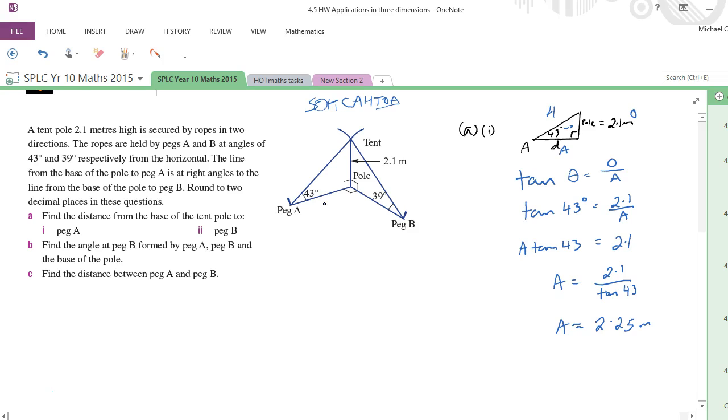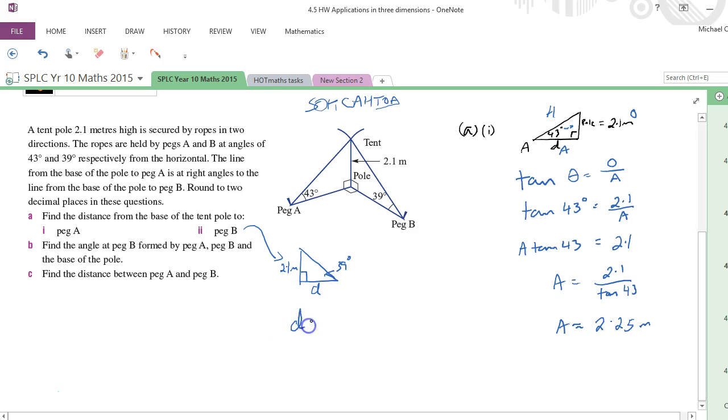You can do the same thing for peg B to find the distance along the ground. Actually, we're going to need to do it anyway for part B, so I guess I'm going to do it with you. So here's peg B. Let's draw the triangle first. This time the angle is 39 degrees, 2.1 meters, and there, and I'm trying to find the distance along the bottom. You can see we've already got the rearranged form over here.